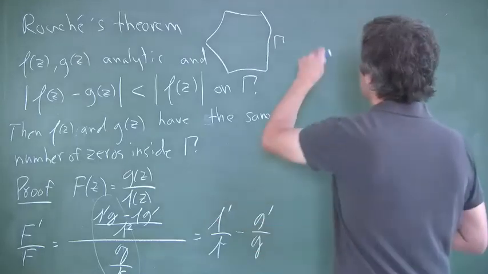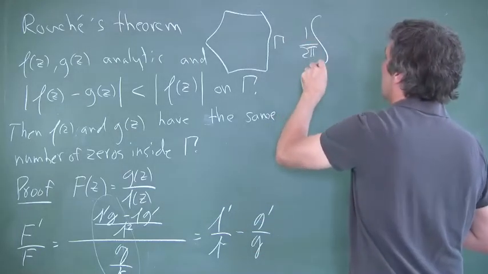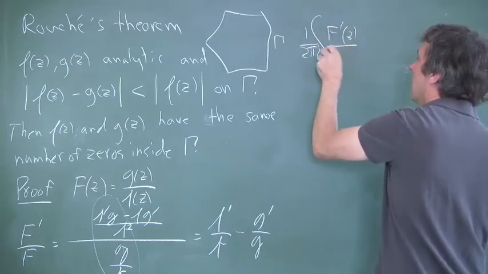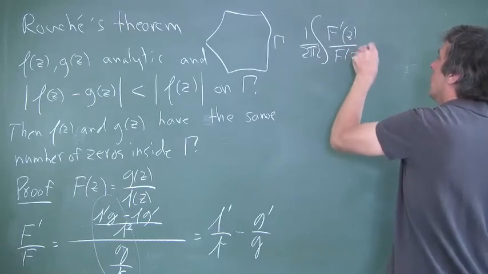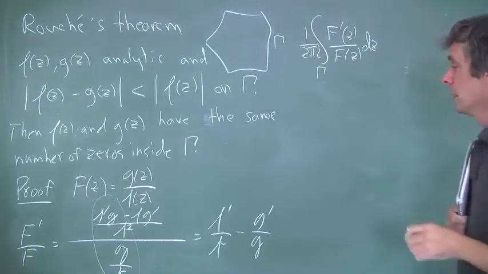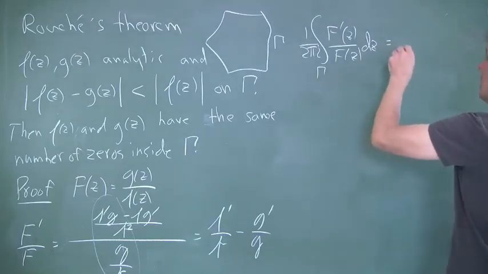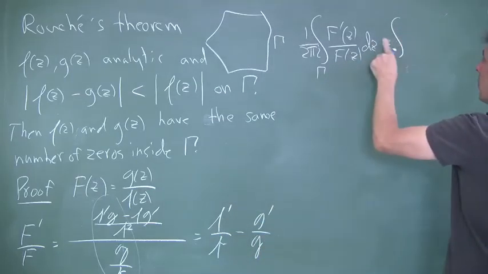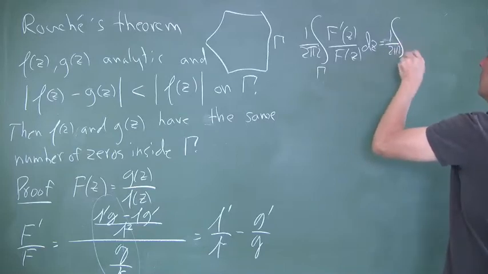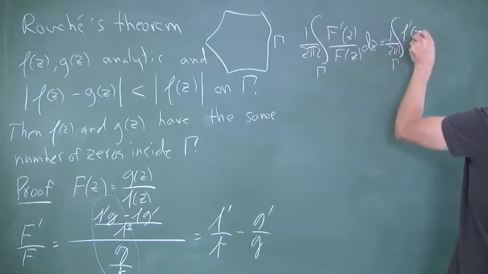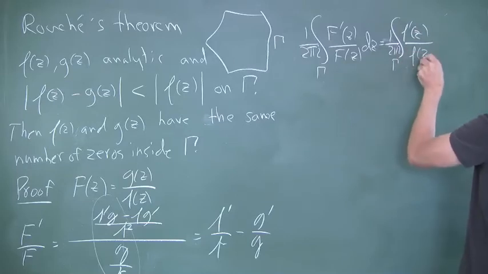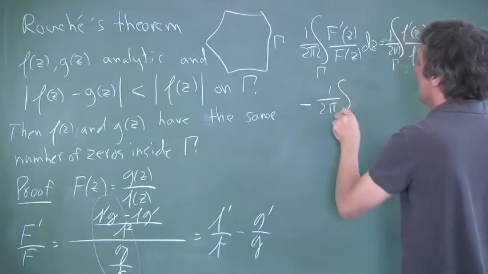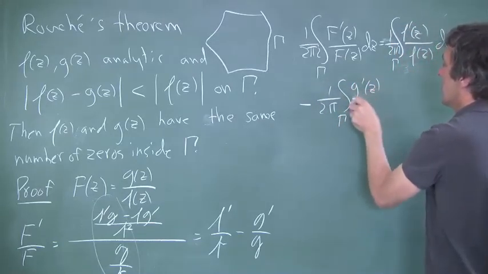So if we now integrate capital F prime divided by capital F around this contour, this will be equal to the difference between the corresponding integrals. So you have first 1 over 2 pi i, and then the integral of f prime of z divided by f of z dz, and then minus the corresponding integral of g.